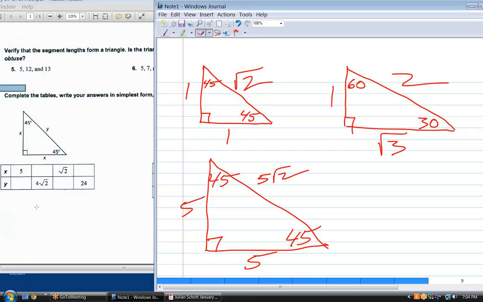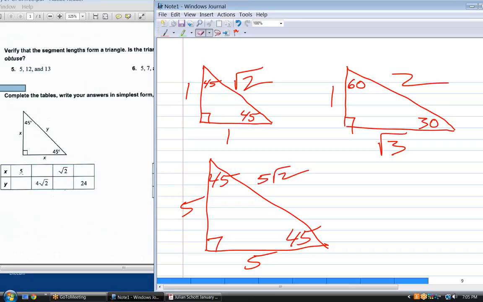I hate the fact that they've called that y, because the hypotenuse is almost always called z, and the short vertical side is almost always called y.